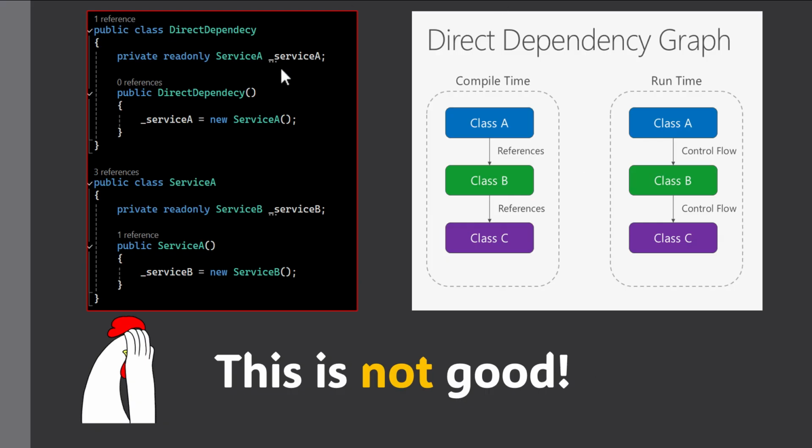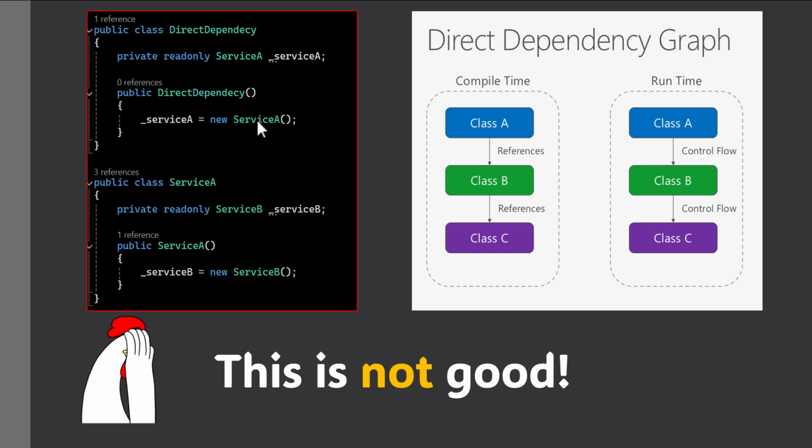A direct dependency graph is not a good practice. For example, a class has a direct dependency on service A. Here we can see it creating a new instance of service A, which is a direct dependency.